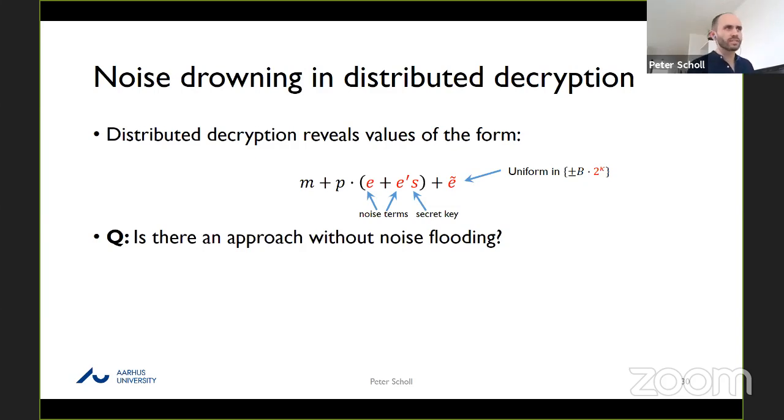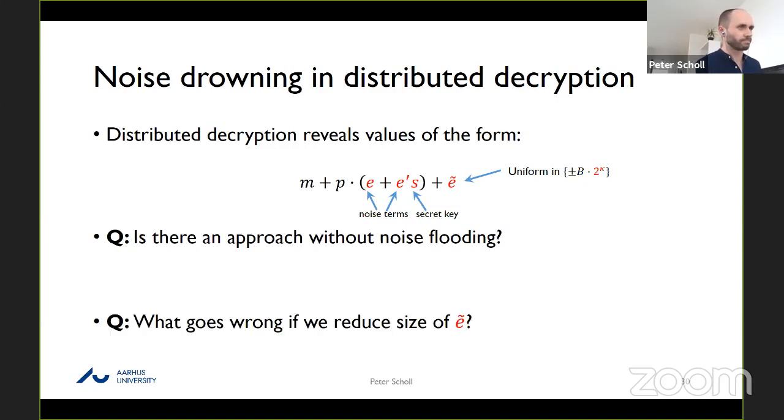So the first question is: is there any approach to doing this without noise drowning? So recovering the message in some way, and I guess you could always do a generic multi-party computation to decrypt it, but that's a bit excessive. So we want something simple, which recovers M exactly.